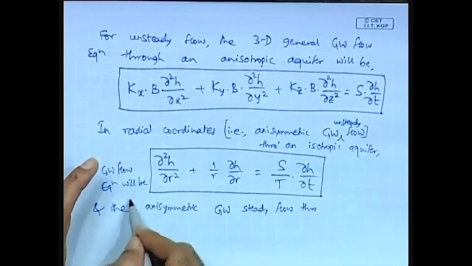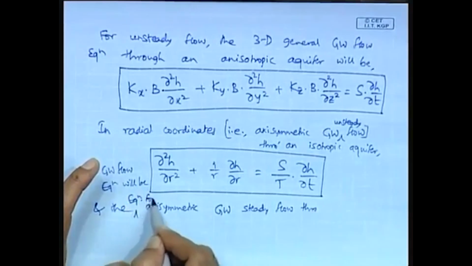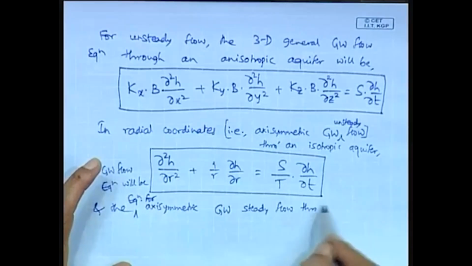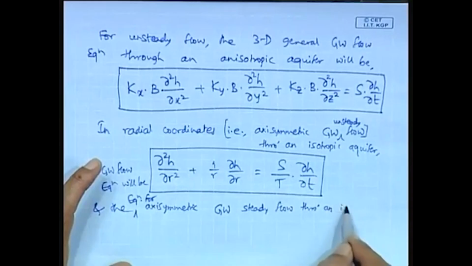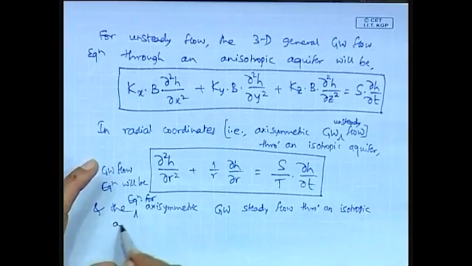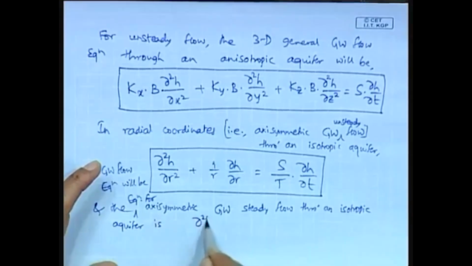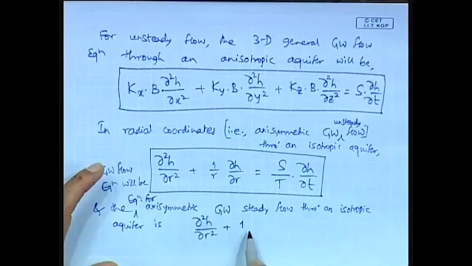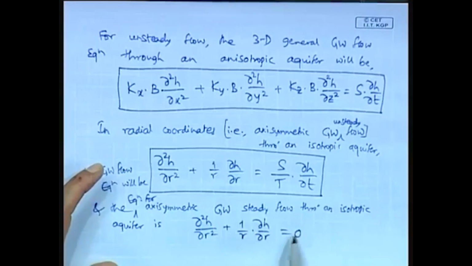The equation for axis symmetric groundwater steady flow through an isotropic aquifer is d square h by dr square plus 1 by r dh by dr, equal to 0.